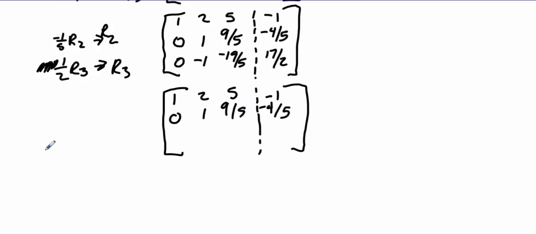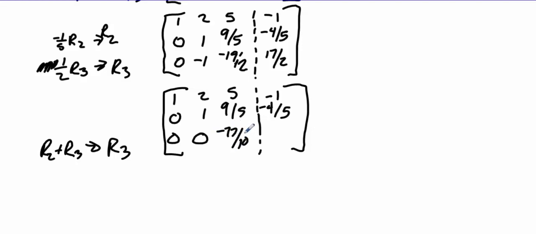Now I'm going to add row 2 to row 3, replace row 3. And adding these together, I get 0, 0. I take 9/5, add that to negative 19 over 2, gets me exactly negative 77 over 10.